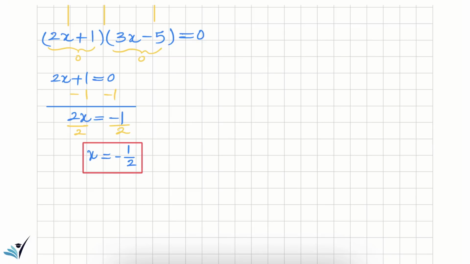And to get the other answer, we need to set the other factor to 0. So 3x - 5 = 0. We solve it for x. We add 5 to both sides. We have 3x on the left side. On the right side, we have 5.